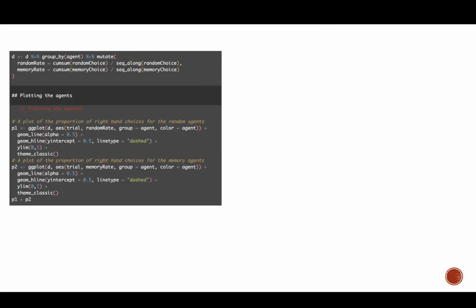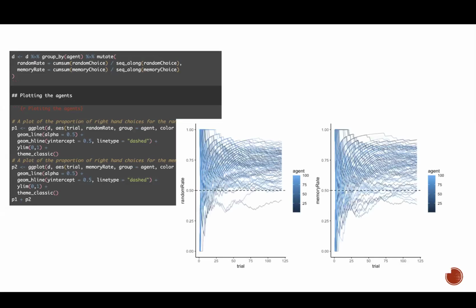Then we make sure that everything worked, right? So we plot the behavior of the agents. We plot the proportion of right-hand choices for the random agents. We plot the proportions of the right-hand choices for the memory agents. We can see that across the different agents, each line is one different agent, this is the proportion of right and left over the course of the 120 trials.